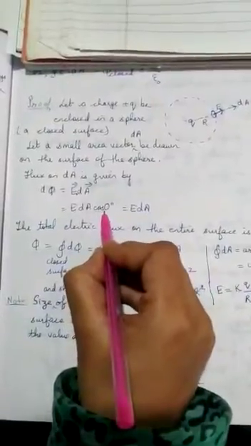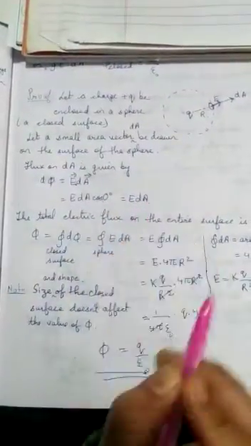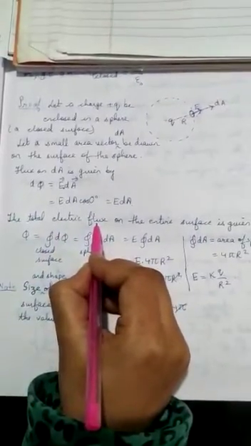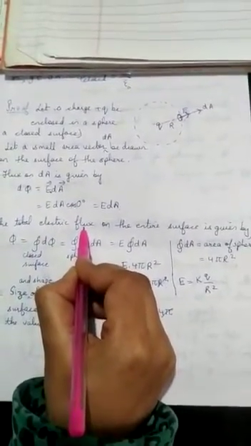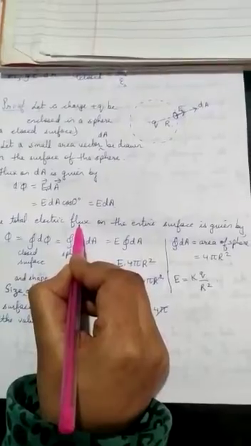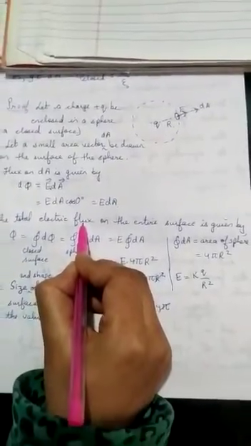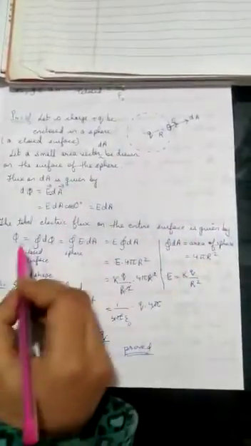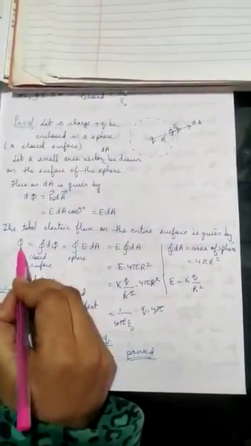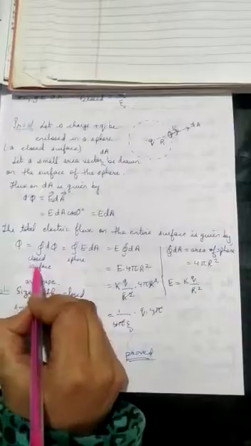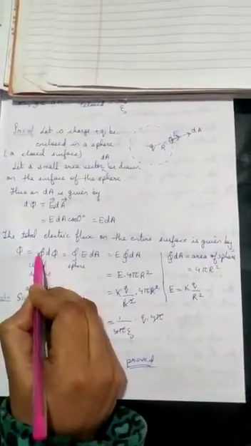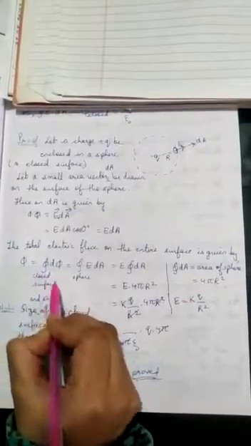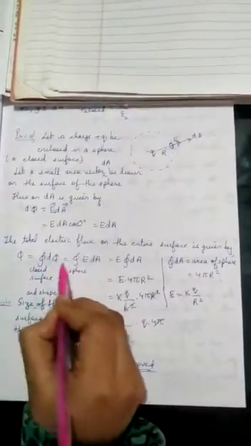You know cos 0 is 1, so it is E dA. Now, we have found the electric flux on the small area vector dA. Now we will find the total electric flux on the entire surface using the formula phi is equal to the integral along the closed surface. You can see this symbol here.